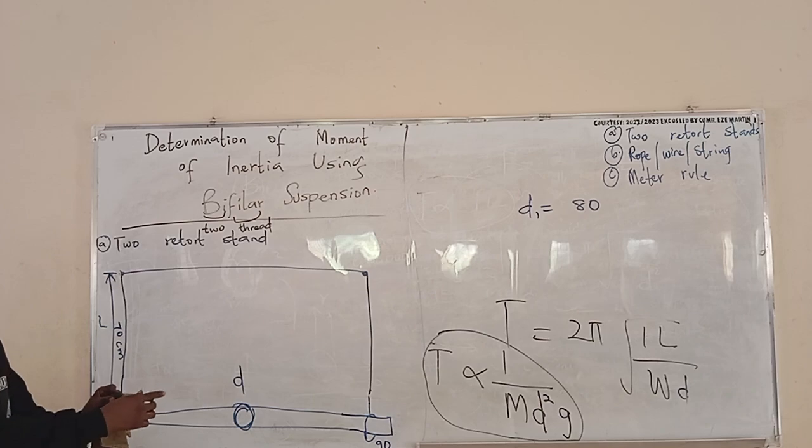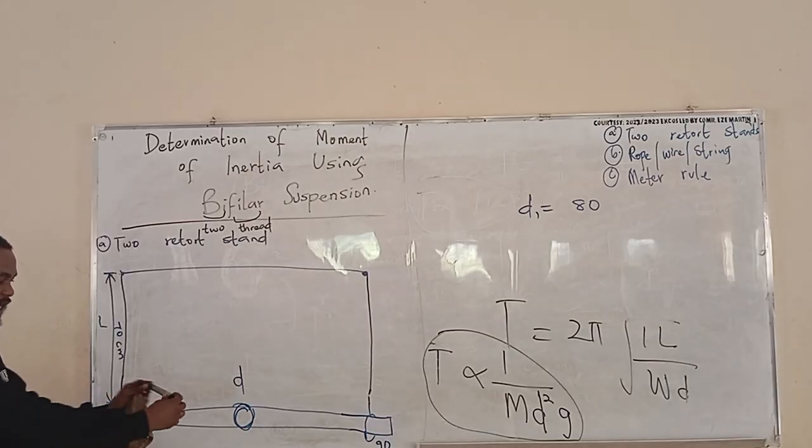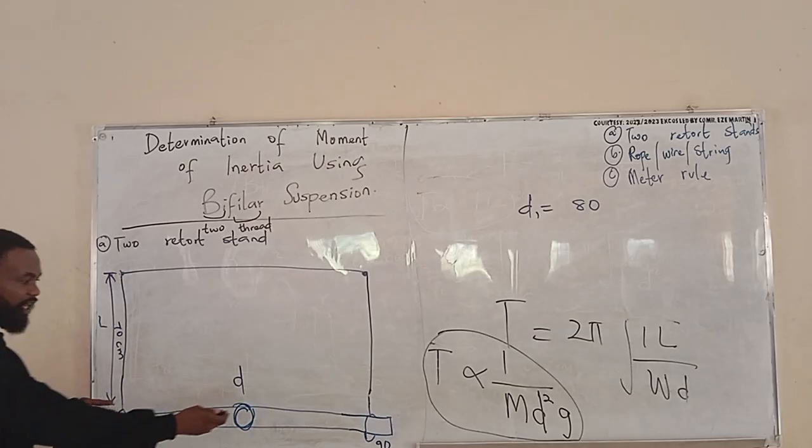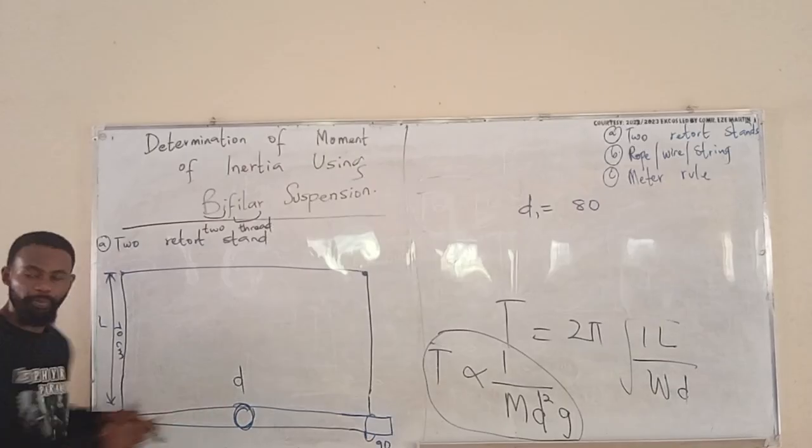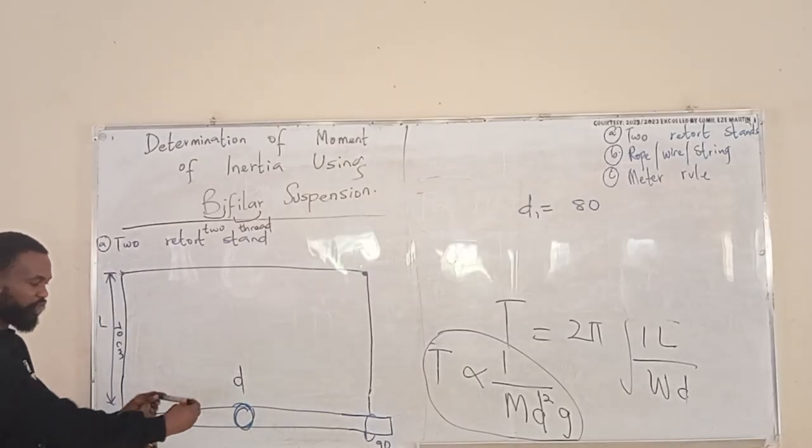I push it in a way that when I post the video, you see it more. It's a shame that we are doing this without a demonstration, because this is one practical that requires actually doing it. So you push it in a way that as it's moving, it is trying to turn. But because it has equal measurements, and you did not push it too much, it will be moving like this. This one come, this one go.